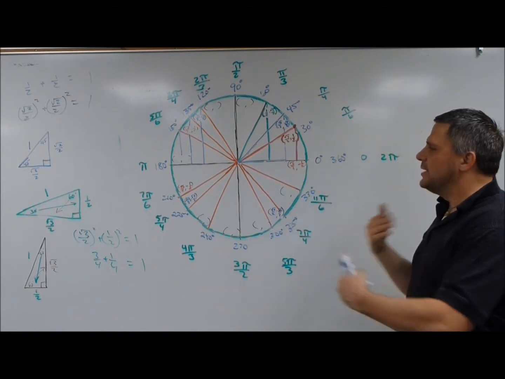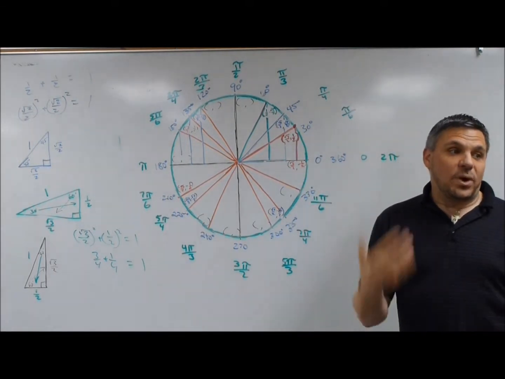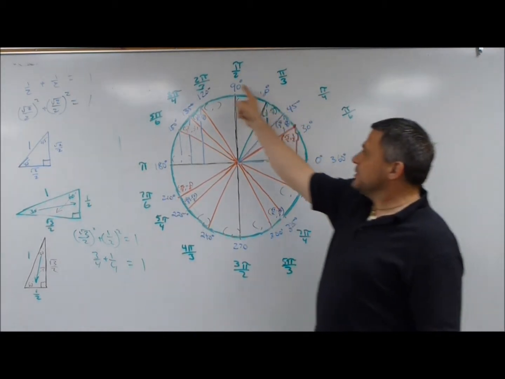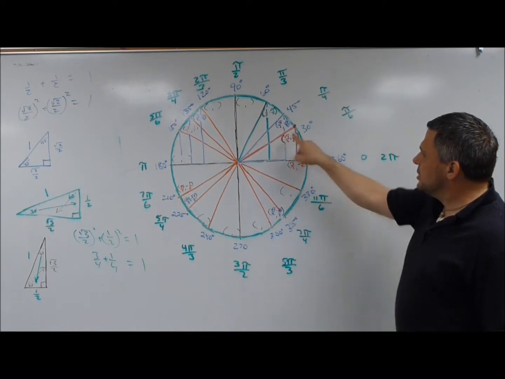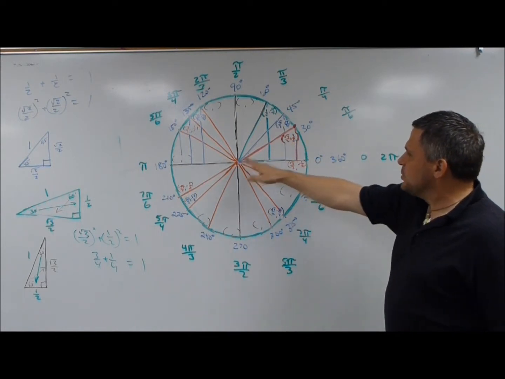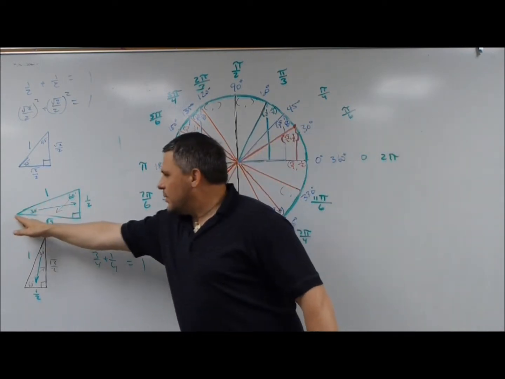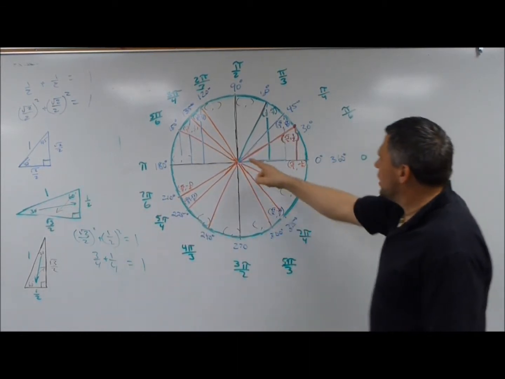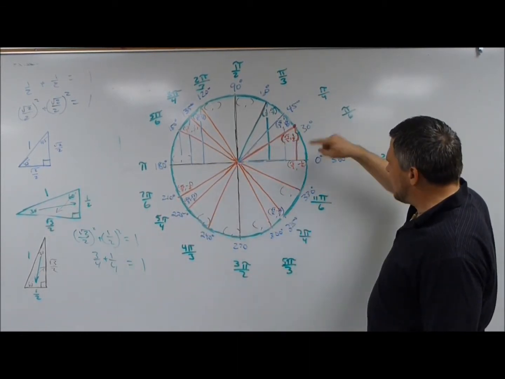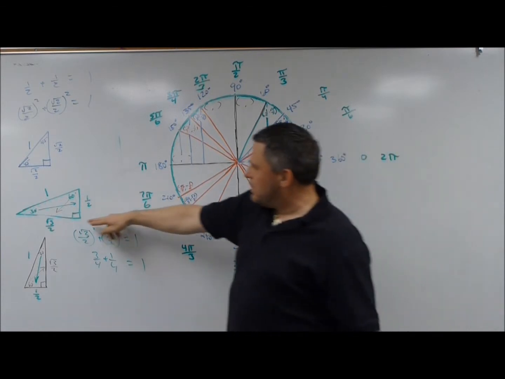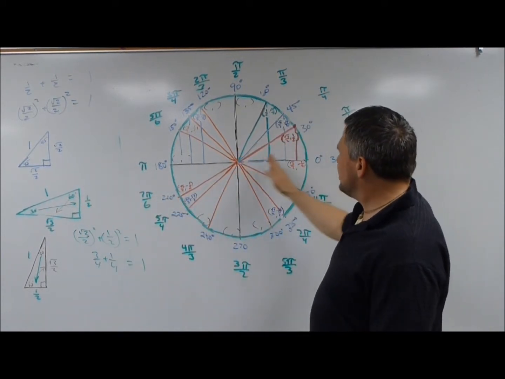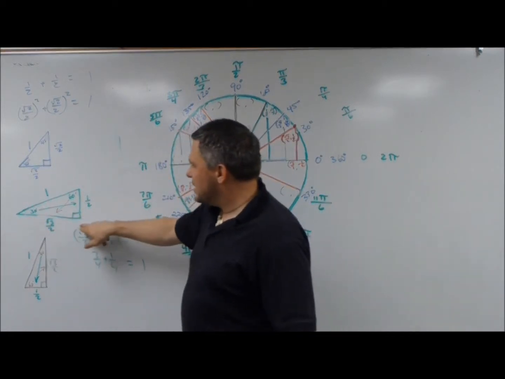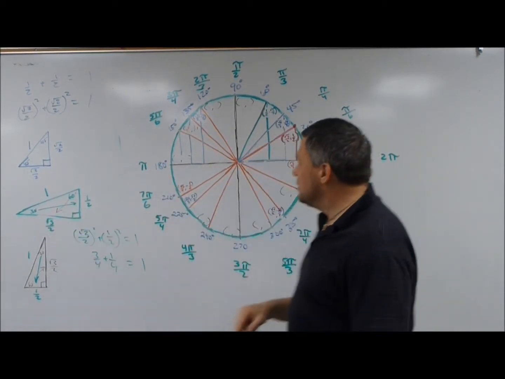And now what I'm trying to find is the x and y's, or the coordinates on the circle. So if I'm 1 unit out, then the height is going to be the same as this height, 1/2. And the length is going to be the same as this length, the square root of 3 over 2.